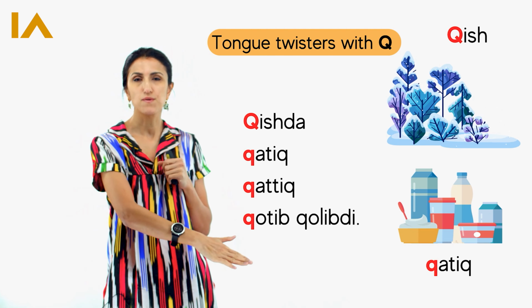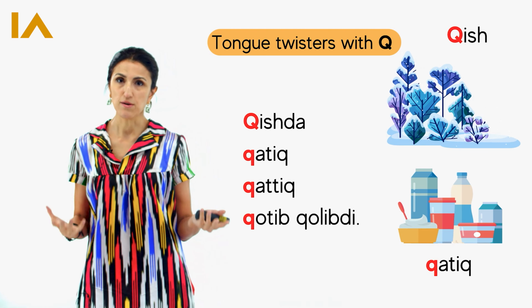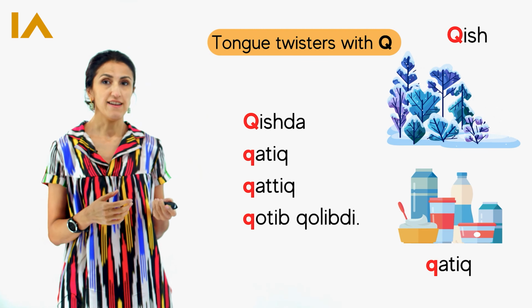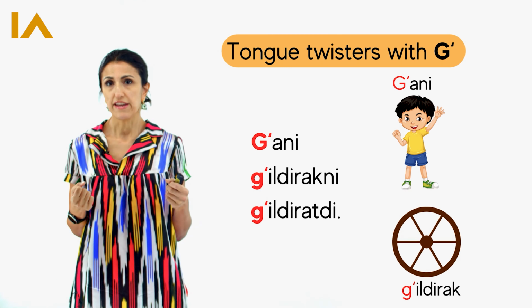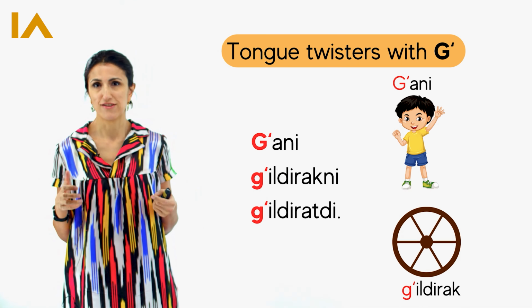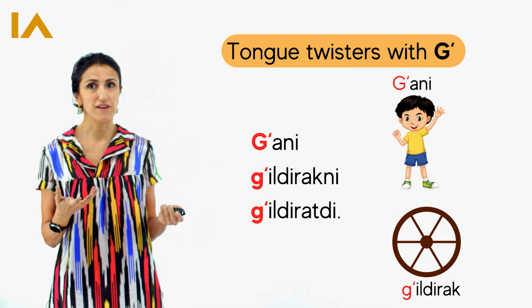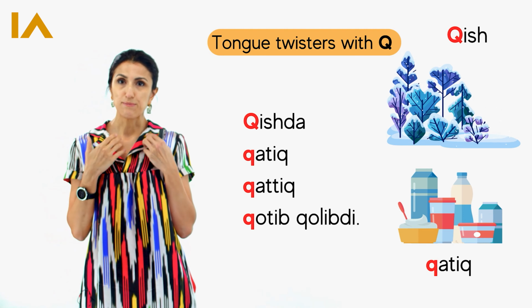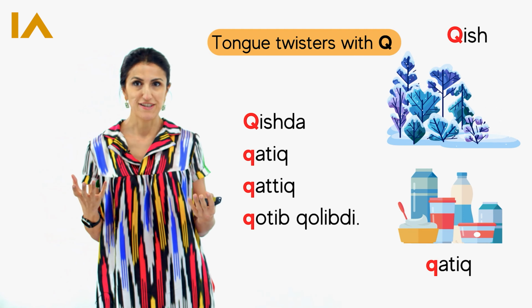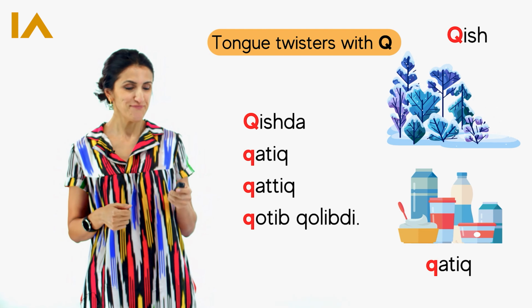So all these 4 words, I mean 4 notions, we use in daily life. And gıldırak also could be useful when you're driving and your wheel needs fixing. So all these 3 words also very useful to learn. So what you do is you improve your speech, you also memorize new words. Tongue twisters. Tez aytishlarni yodlaymiz.